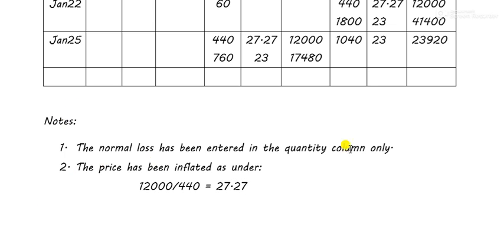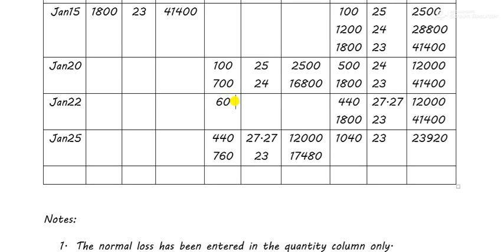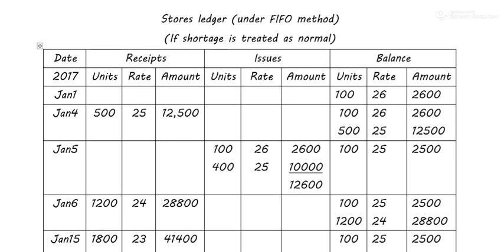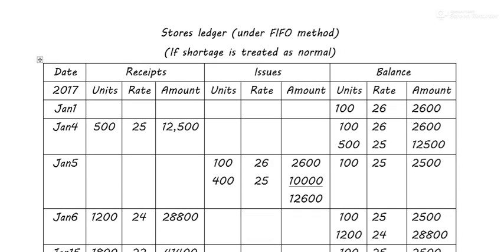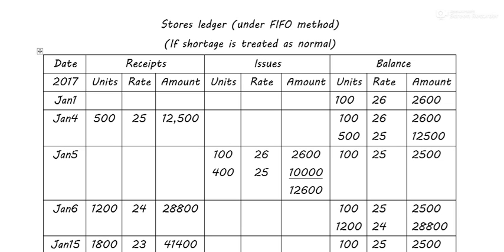This is working note 1 and this is working note 2, so I put a small 1 and 2 in brackets. I'm writing this afterwards because if I wrote it before, confusion would occur. So this was a problem on stores ledger under the FIFO method in the presence of normal loss.